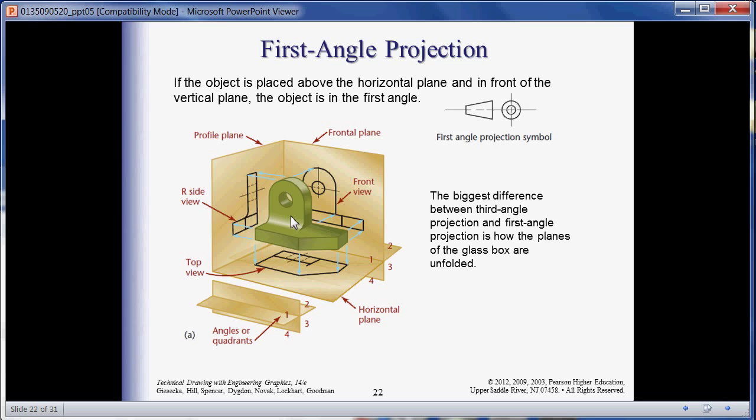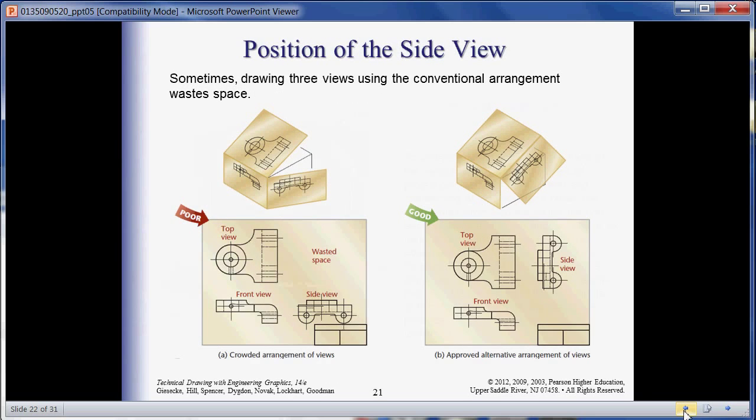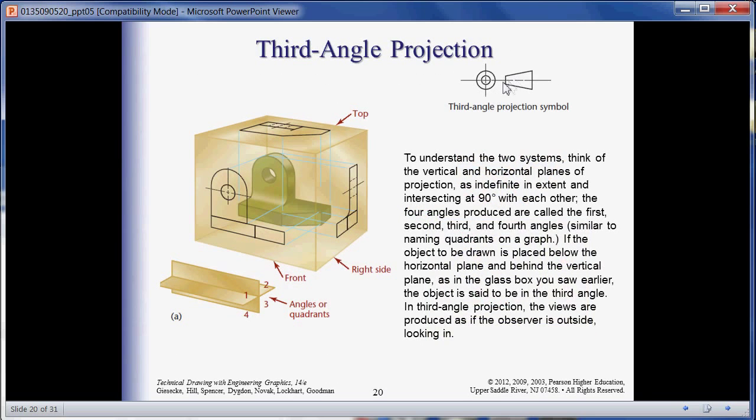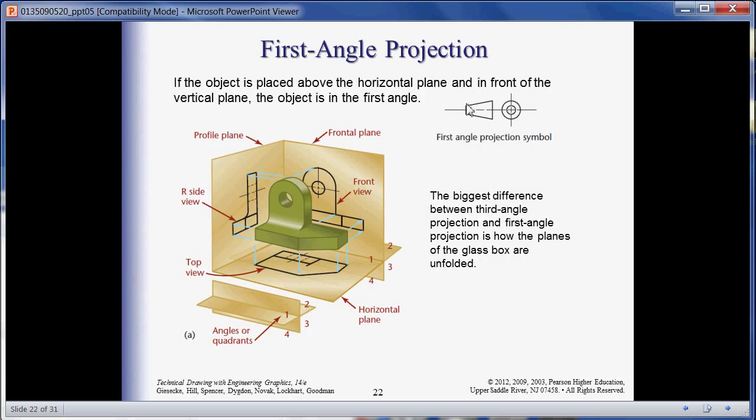Okay. Now if we take a look at the first angle projection, this is what they use in Europe. Okay. So the way they show the first angle projection symbol is this way. Now let's compare this to what we had a couple of slides ago. See, that symbol with the smallest part over on the right hand side is now depicted over here. So what they do is they do this kind of wild swing.